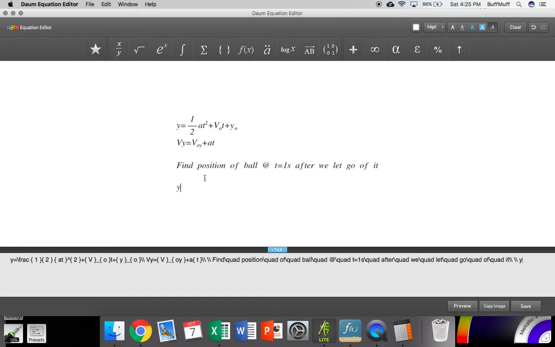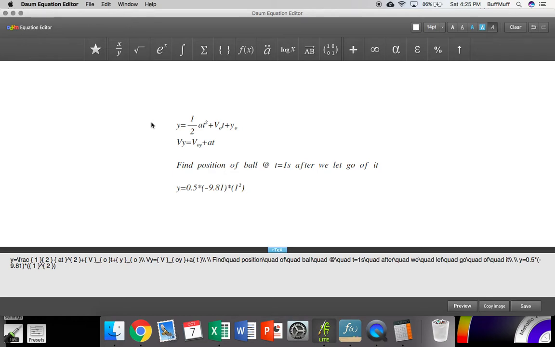So y, which is position, is equal to 1/2 times negative 9.81 meters per second squared times the time squared, 1 second squared. I put this just to be strict. We know that 1 second squared is still 1 second.